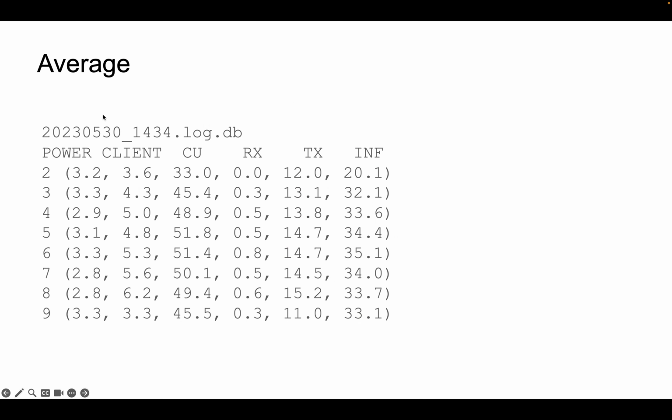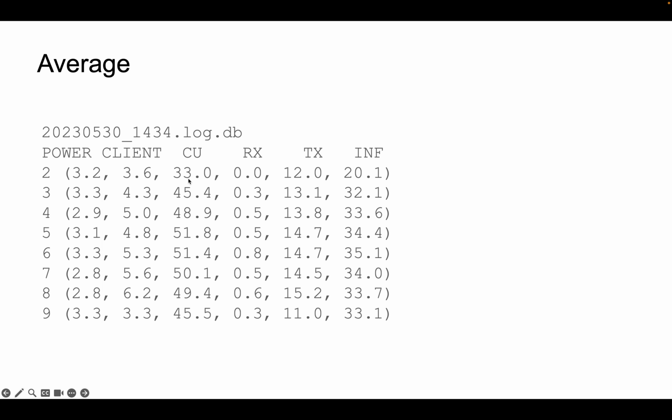Also, these are average numbers: the AP power level, client, CU channel utilization, RX, TX, and interference. So this is 2023, May 13, 2:34 p.m. status, average.